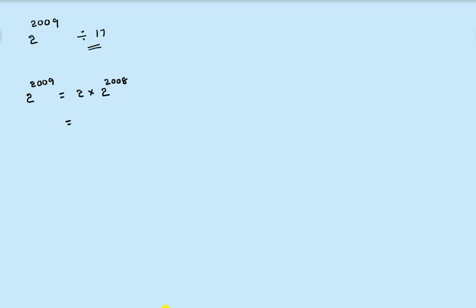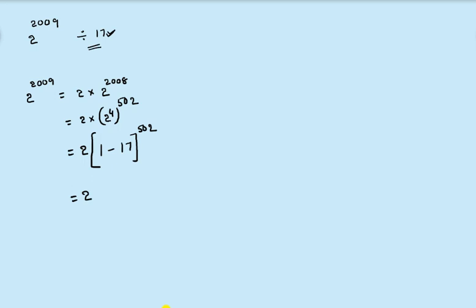Now 2 power 2008 can be written as (2 to the power of 4) whole to the power of 502, right? So now this can be written as 2 into, what is the advantage? The advantage is 16 can be written as 1 minus 17. That's why this is (1 - 17) whole to the power of 502.